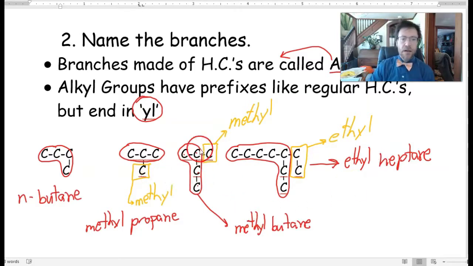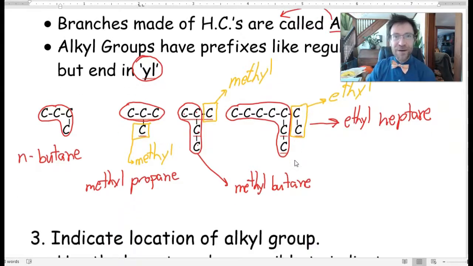Spectacular. Problem is, we need to know exactly where they are, because this ethyl group could be here, it could be there. It could be all over the place. And where it lies will have a lot to do with how it actually reacts, right? For example, whether it's going to be in the high octane expensive gasoline or the crappy cheap gasoline that everybody ends up buying anyway.